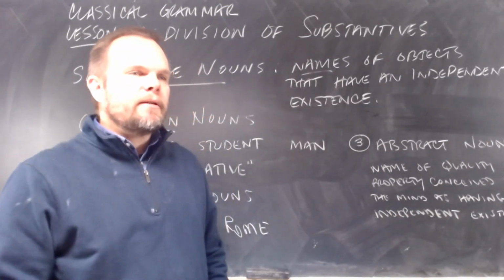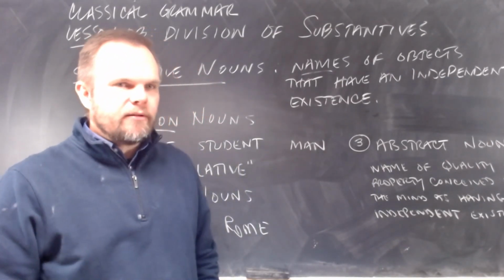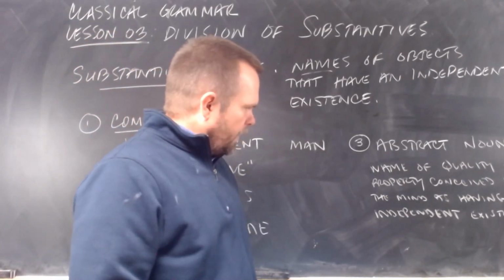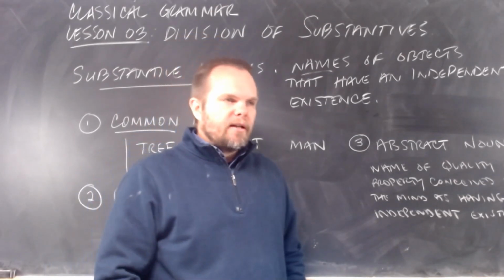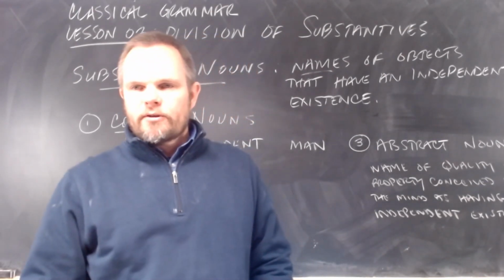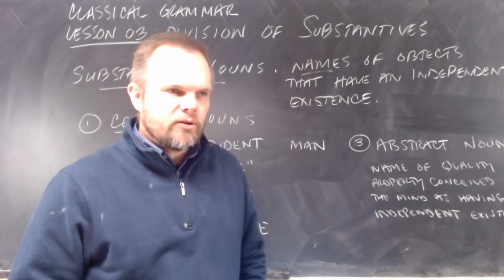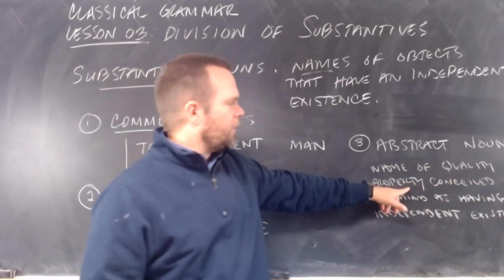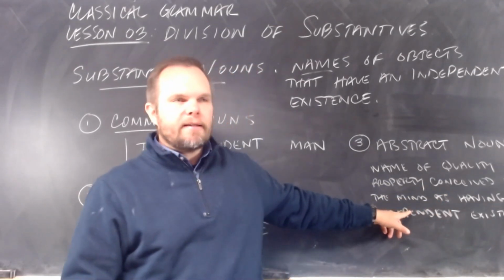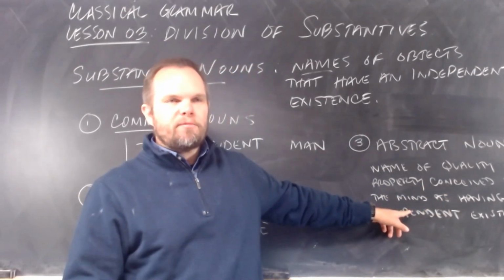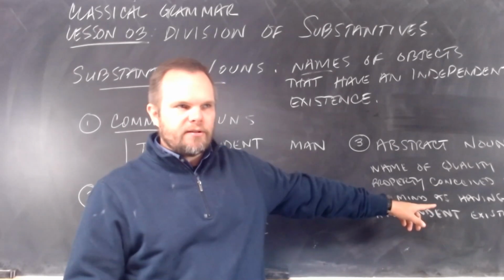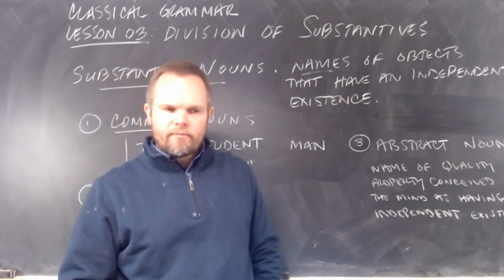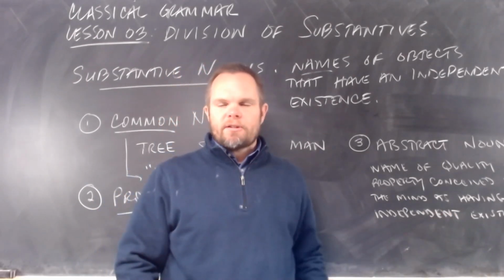And let me share an idea with you about this that will help you with the study of philosophy. Follow me on this, this will help you to understand some philosophy we're going to get into in other studies. You see how it says the name of a quality or property conceived by the mind to have an existence? Plato, the philosopher Plato, had an interesting question about this idea.